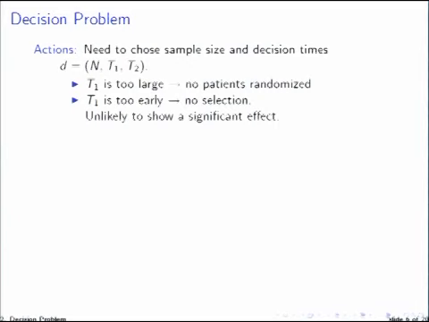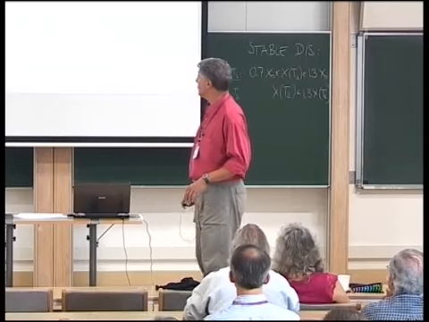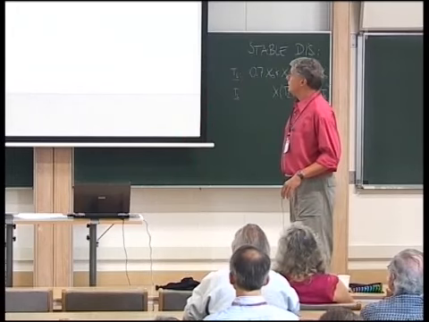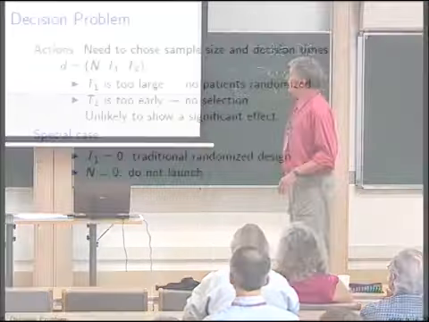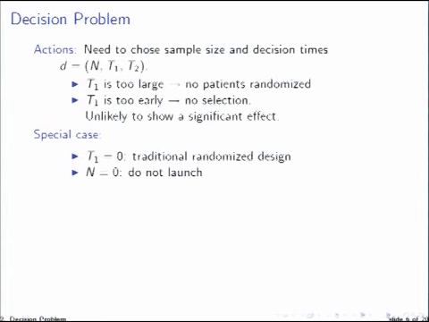It's a classic setup where formal optimization can actually achieve something. If you include T1 equals 0 as a possible choice, then you automatically include as a special case a simple upfront randomization. T1 equals 0 means you skip the first step and immediately randomize.